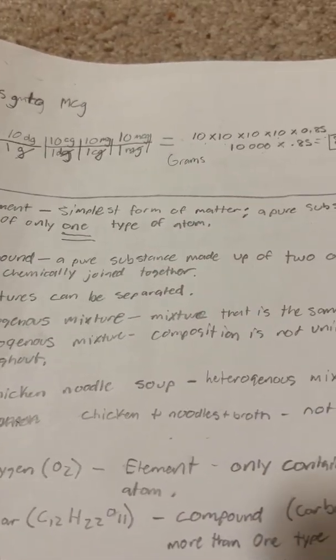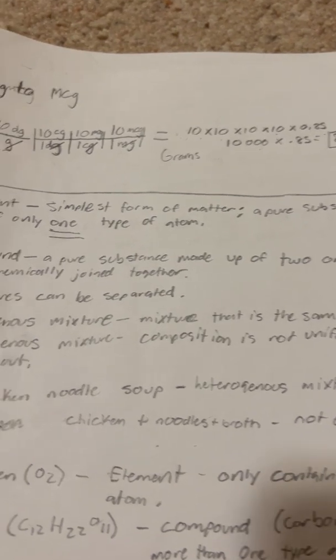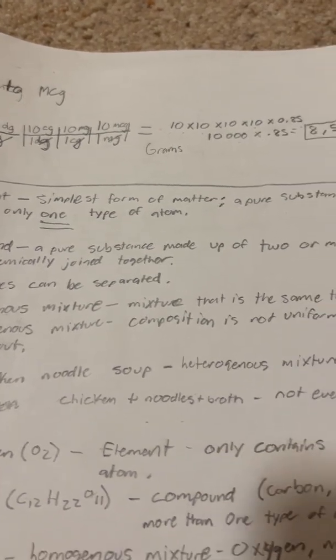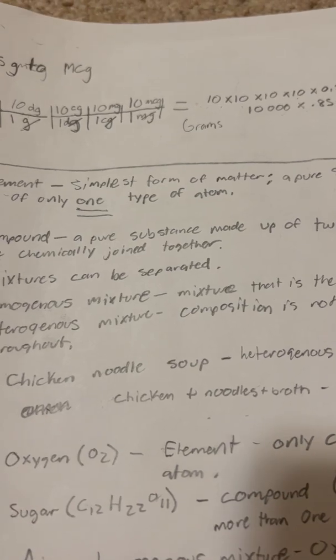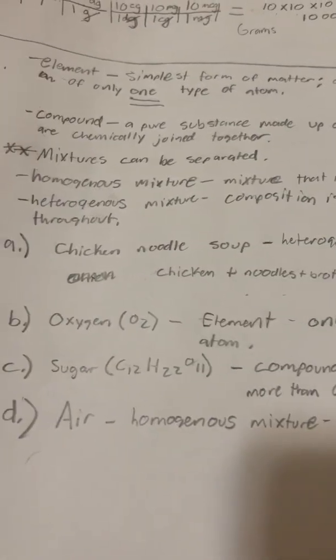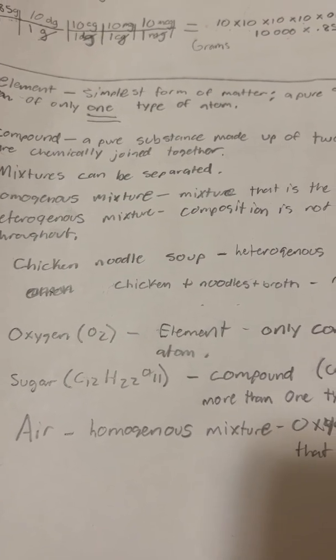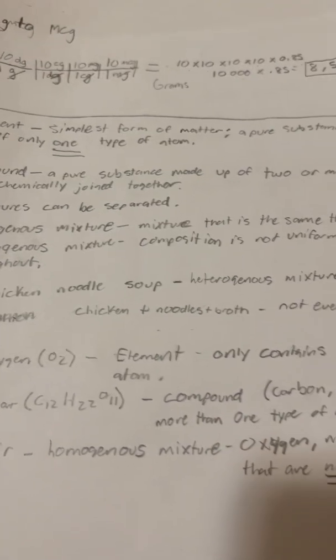An element is the simplest form of matter. It is only one type of atom. A compound is a pure substance that is composed of multiple elements that are chemically bonded together. A homogeneous mixture is one that is the same throughout.